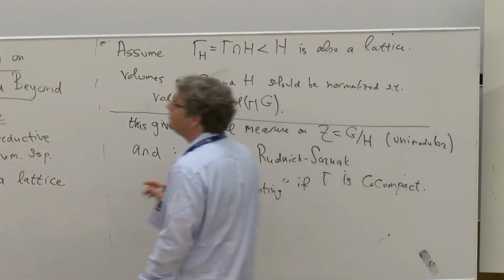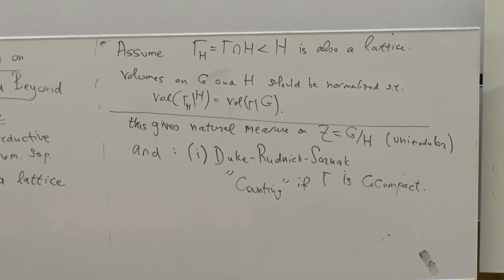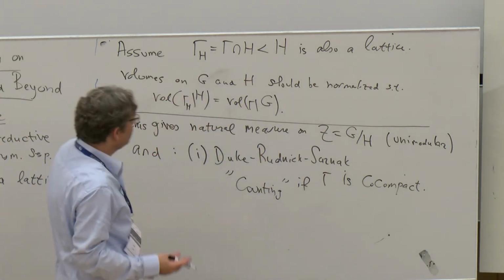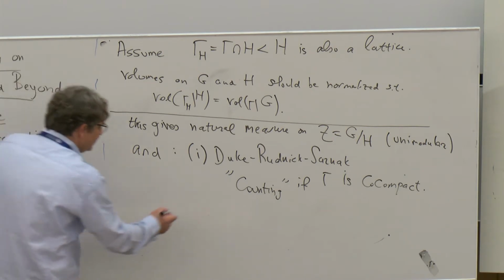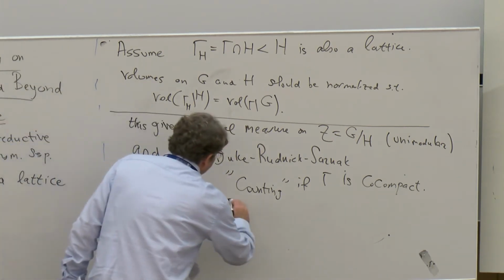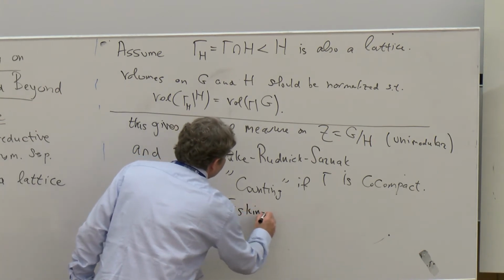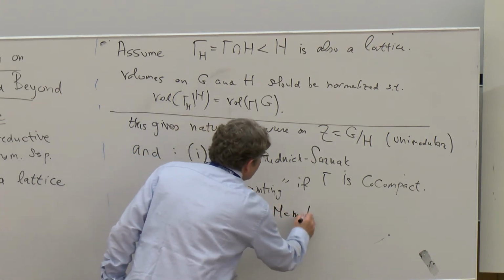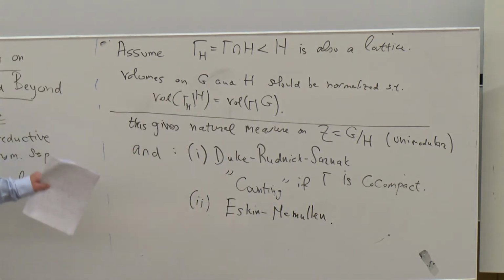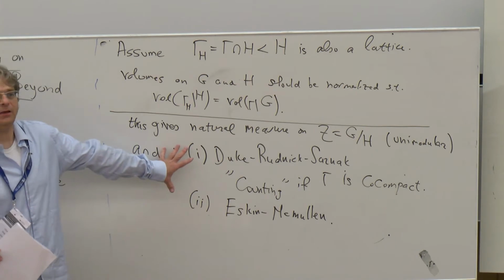So if you further assume that not only the volume here is finite, but rather G mod gamma is compact, they've shown counting, and they sketched the idea how to do it in general. They never wrote it up because immediately when the preprint was out, and I'm kind of inventing the history, people here can tell me what really happened, Eskin-McMullen gave a different proof in complete generality using a different technique.